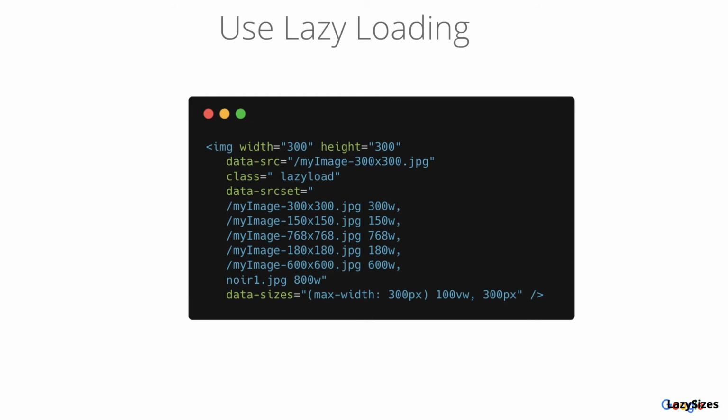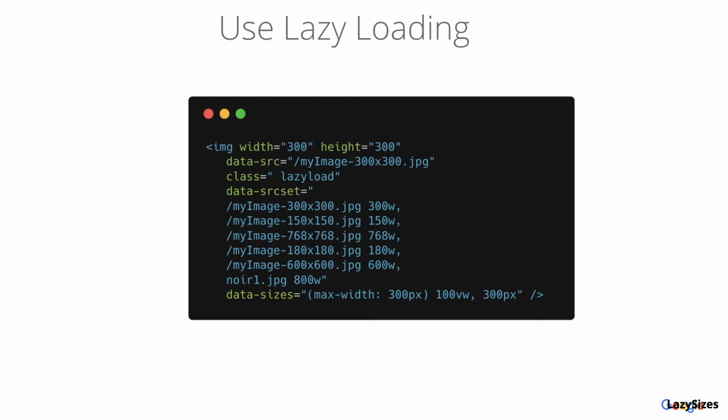The way it works is through the markup. It's very similar to what we saw earlier with the srcset. The only difference is that we use data- before src or before sizes.